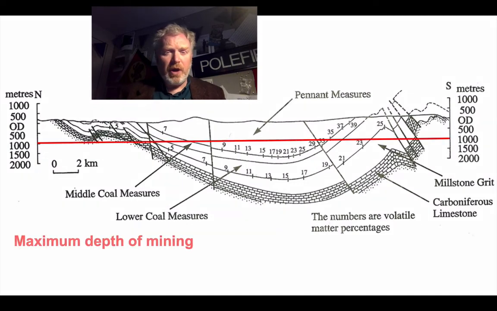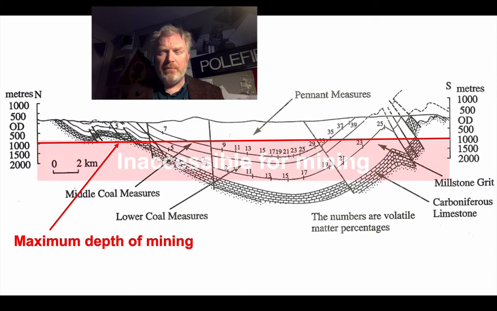Now, part of this coalfield is going to be inaccessible. There's a limit of maybe about 1,000 metres, maybe a little bit less than that, that a deep mine can actually be dug to. So anything beneath that, any of these deposits, even as you can see some fairly valuable ones, are going to be inaccessible.